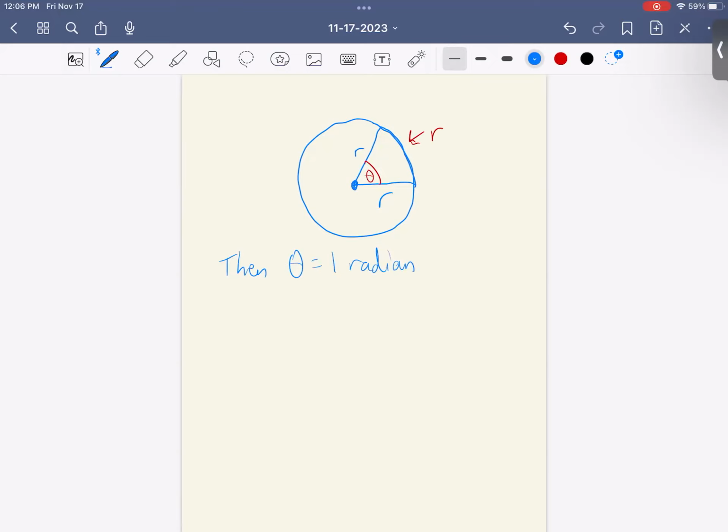And it turns out, in fact, 1 radian is equal to 180 divided by pi degrees, which is roughly, I think it's 57 degrees. Let's see, 180 divided by pi. Yeah, so this is roughly 57.3 degrees.